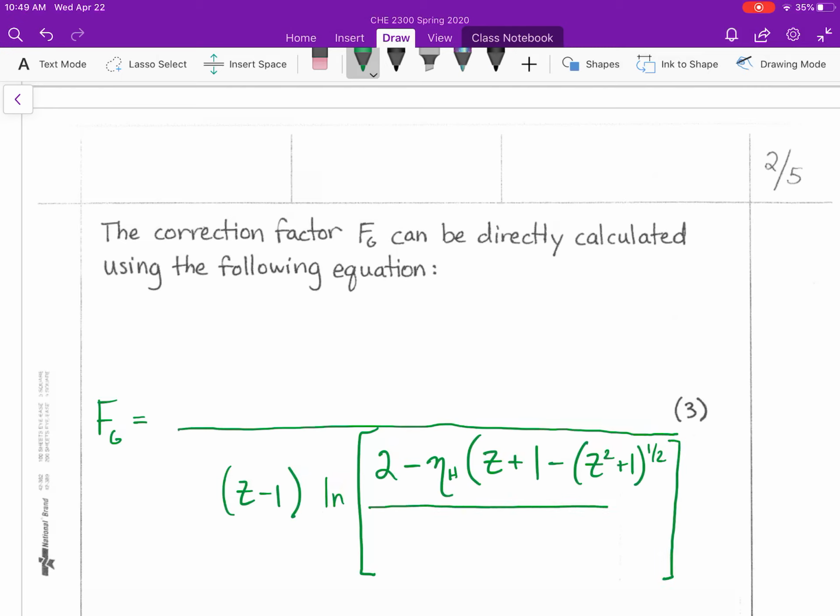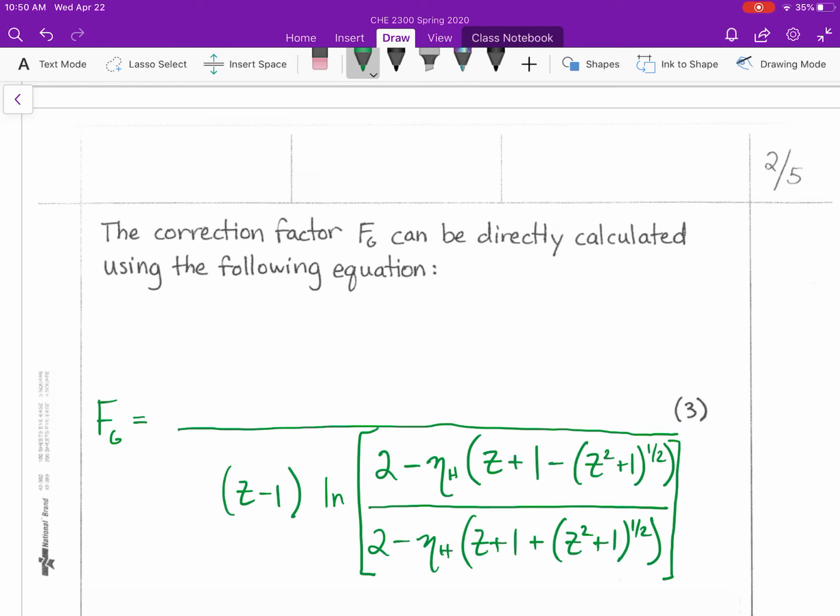And then that is divided, let me close my parentheses. Then we have 2 minus eta sub h, z plus 1, and the only difference in our term down here is we have a plus z squared plus 1 to the 1/2.